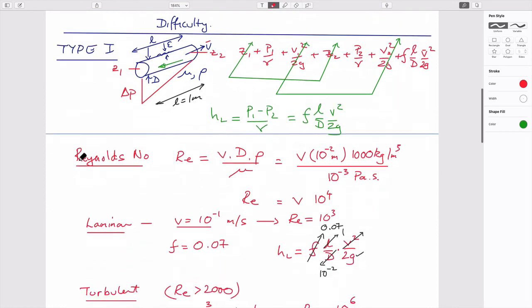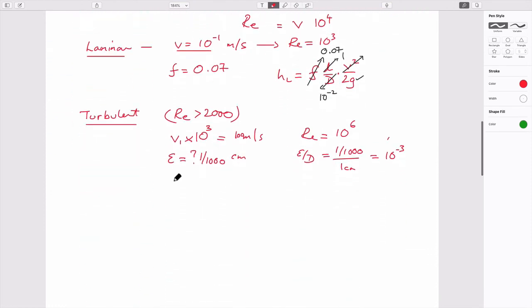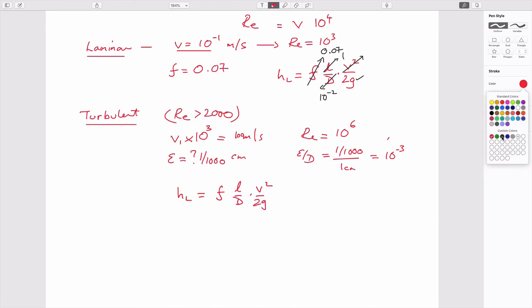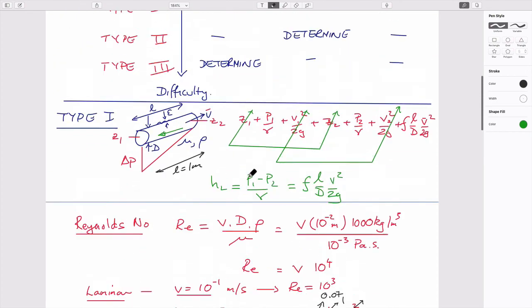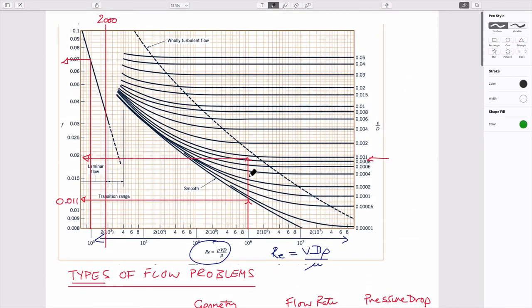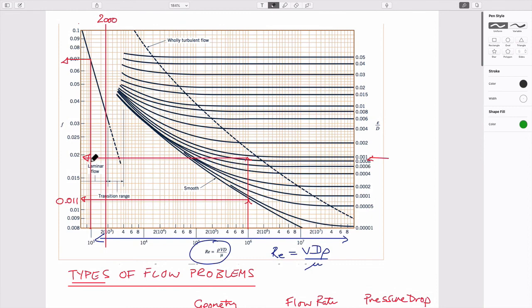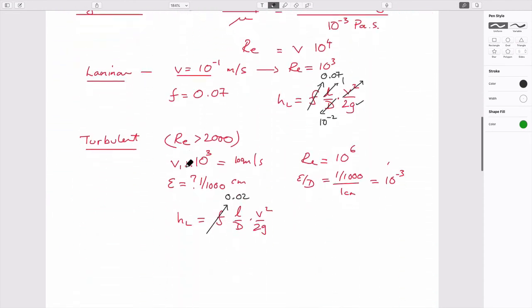And so in that particular case, for this roughness pipe, the head loss would be equal to friction factor, length over diameter, v squared over 2g. And again, we know all these parameters. I probably won't embarrass myself by trying to calculate what it is, but the friction factor is 0.02.